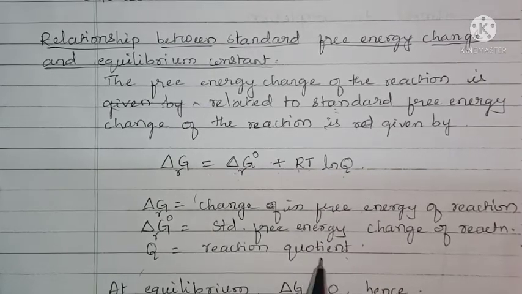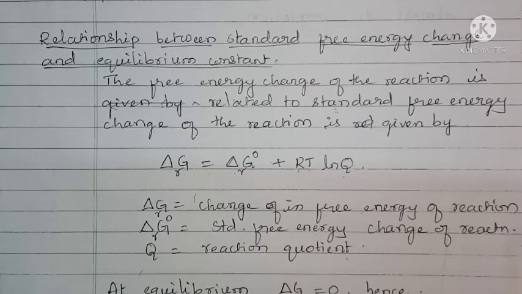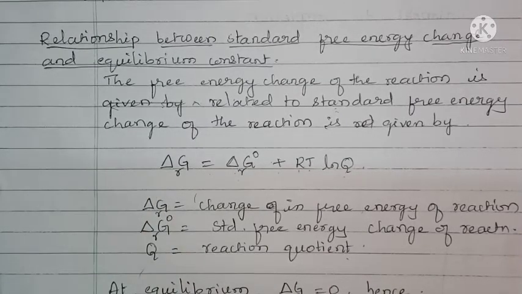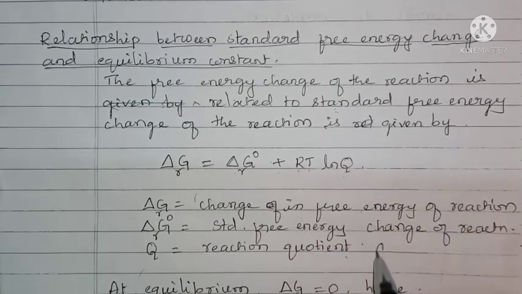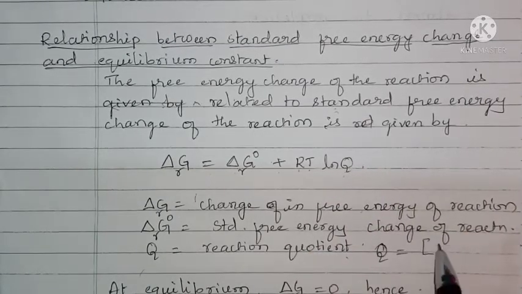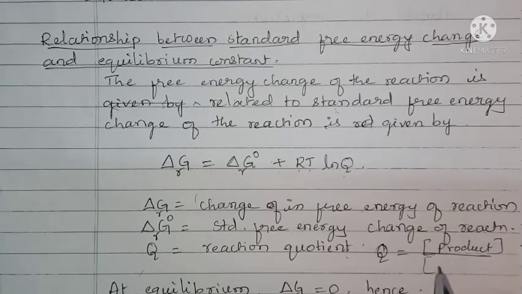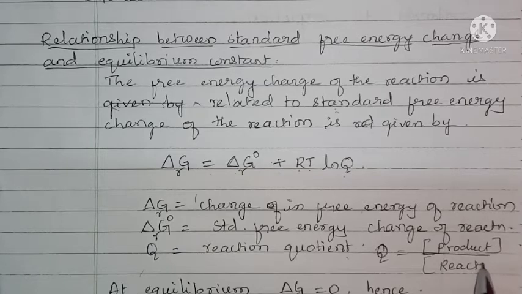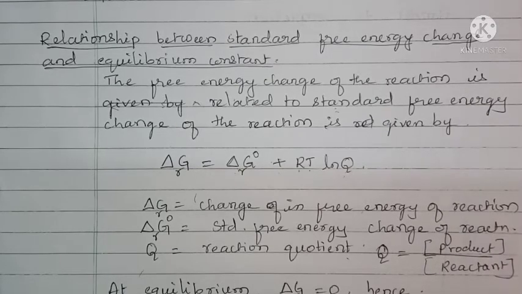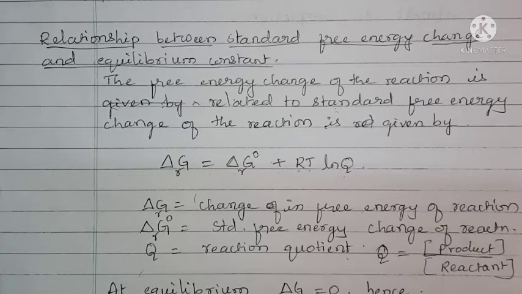Reaction quotient is nothing but the ratio of the concentration of product to the concentration of the reactants. Whenever we take the ratio of concentration of product by concentration of the reactant, we are getting Q, the reaction quotient.